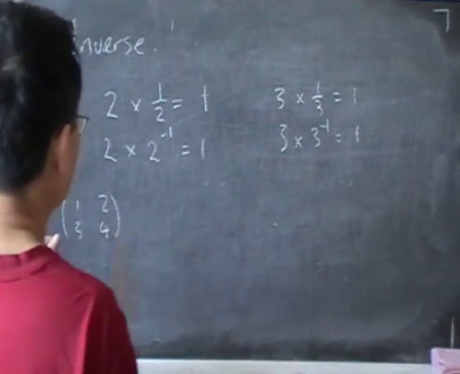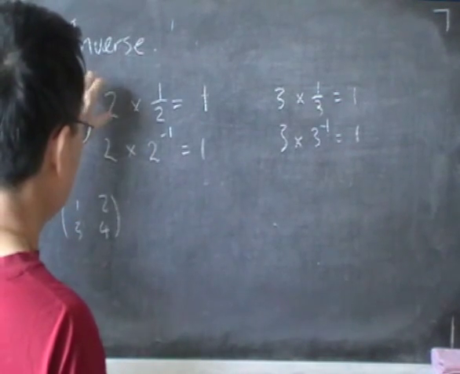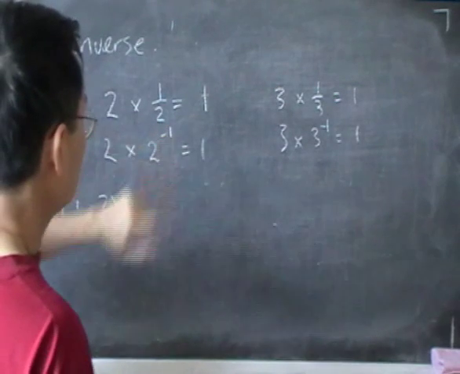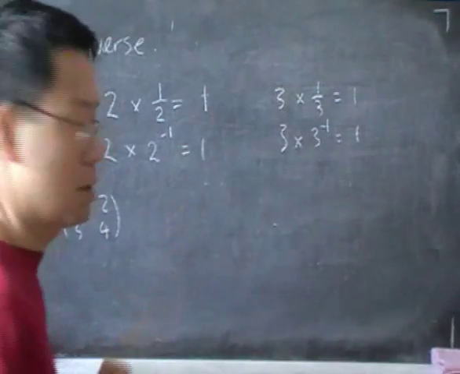I'm going to say, right, for a number, if I have a number 2, I can easily find an inverse, and when you multiply it by the 2, you get 1.